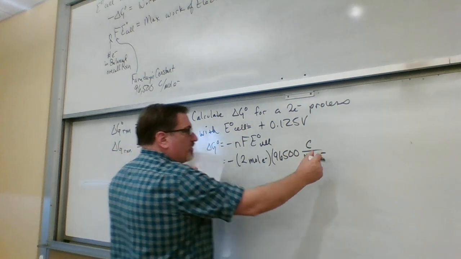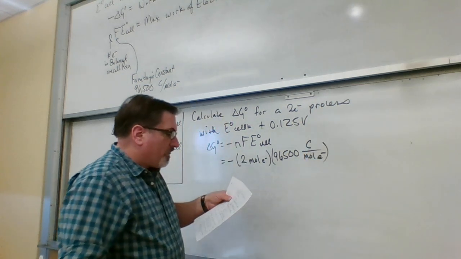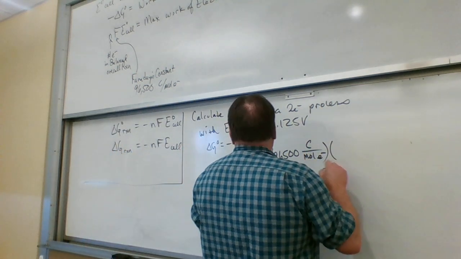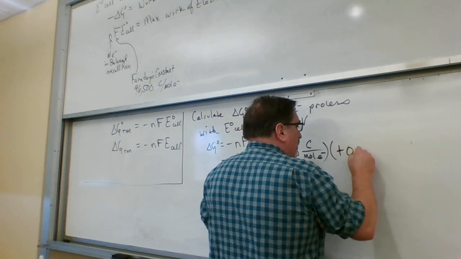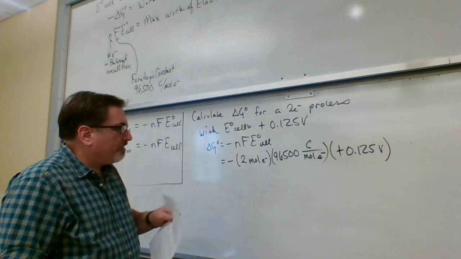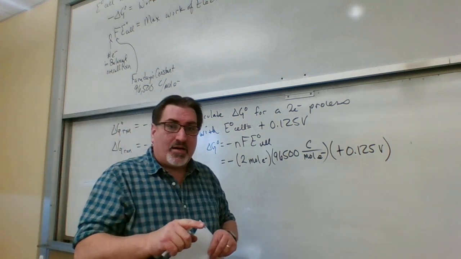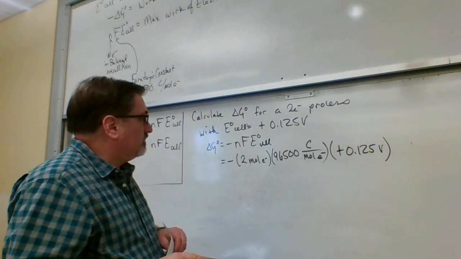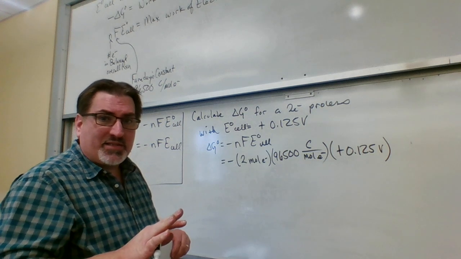So that right now is coulombs of charge, right? E0 was plus 0.125 volts. Now before we calculate this out, you might say, Dr. Schrader, none of these units are going to cancel. What's going on?